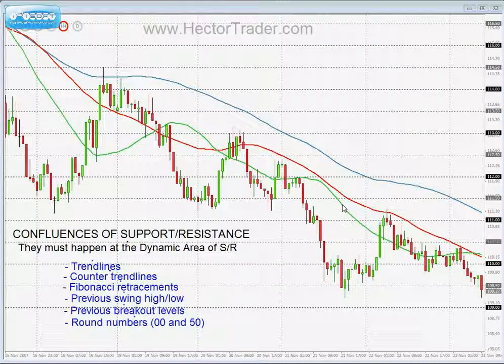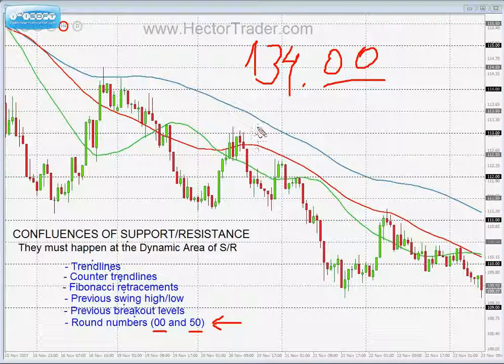And finally, the sixth element I look to add as a confluence is round numbers. Round numbers meaning those ending on 00 or on 50. That means, for example, on the euro, if the current market price is 134.00, this is going to be a point of support and resistance.